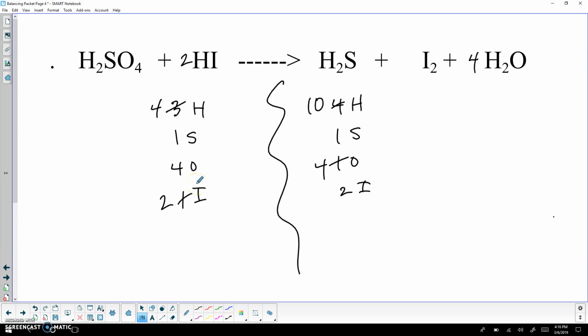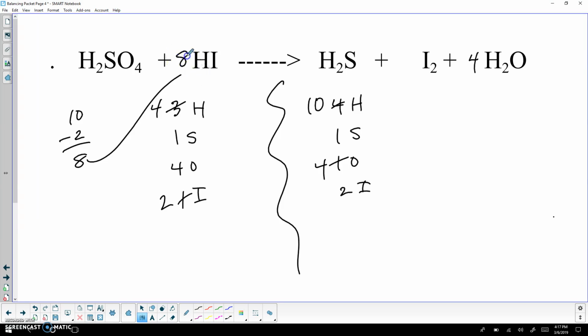If I can fix or manipulate this when I have an iodine by itself, that one might be the easiest. So out of these 10, I'm not going to touch these two. So I only need to come up with 8 from this one. Okay. So that makes that pretty straightforward.